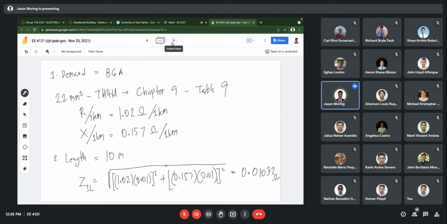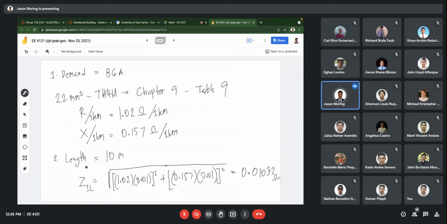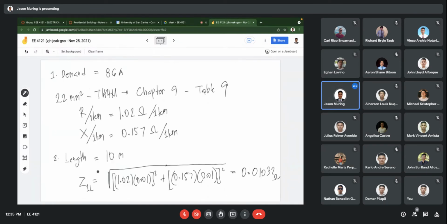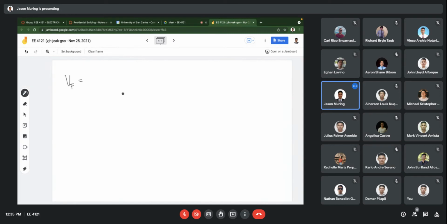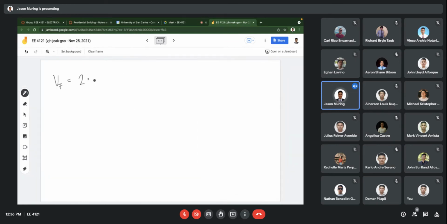Then when we calculate our voltage drop, V feeder is equal to 2 times the impedance for one line times the current, because this is just for one line and we have to calculate the single phase impedance.